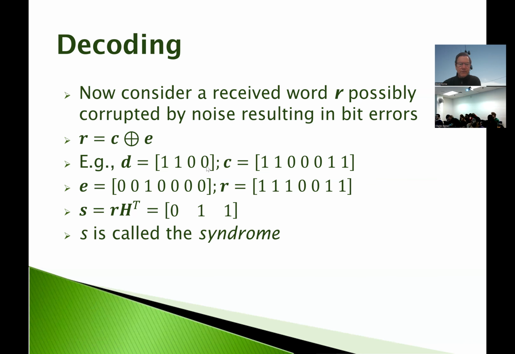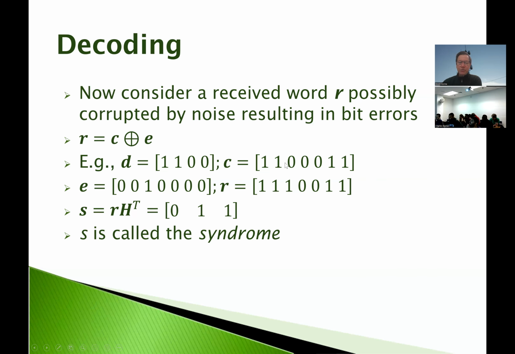So, for example, if our message D is 1100, then our code word sent would be 1100011, according to this Hamming 7,4,3 code. The error vector, let's assume, is 0, 0, 1, followed by a bunch of zeros.